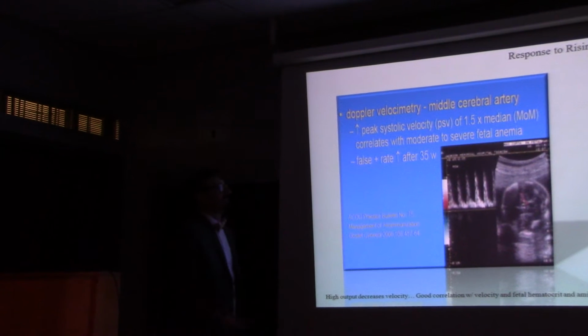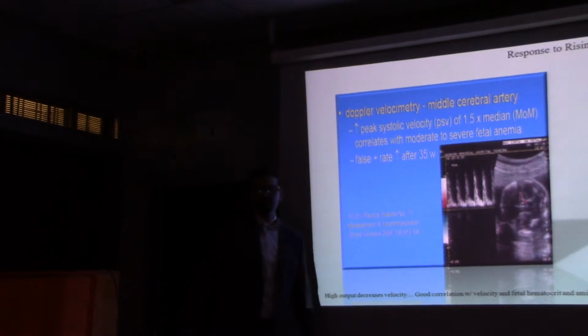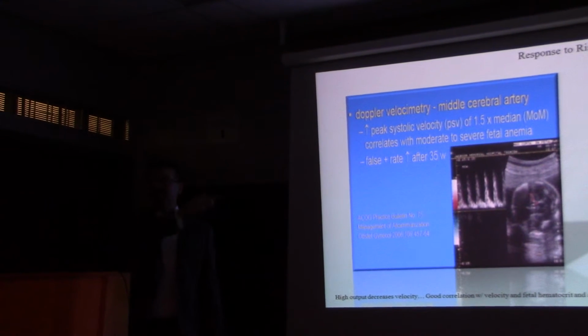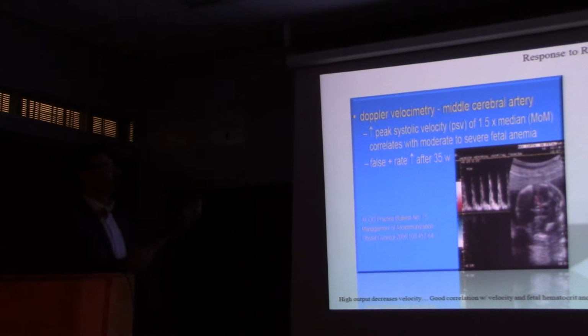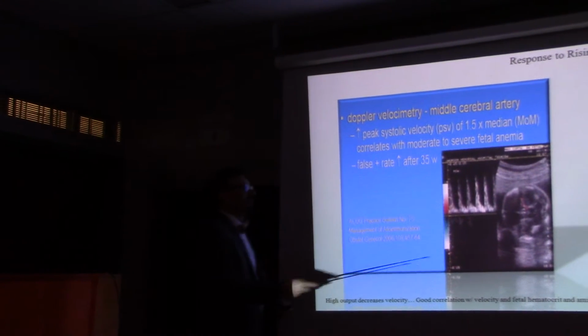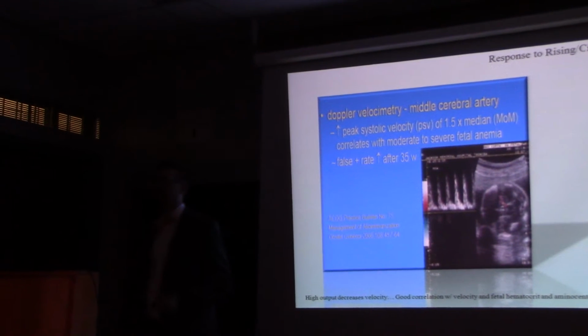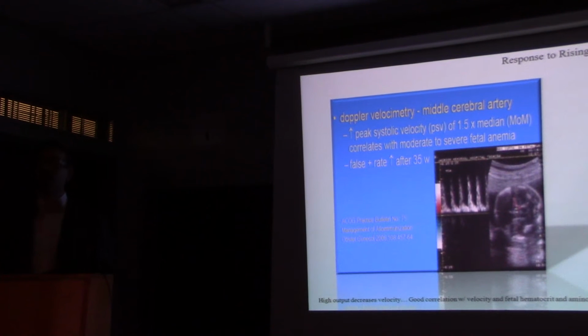So this, don't ask me to translate this picture, but apparently there's something there. I've never read one myself, but there is a good correlation with what the amniocentesis can show you. And it's non-invasive.